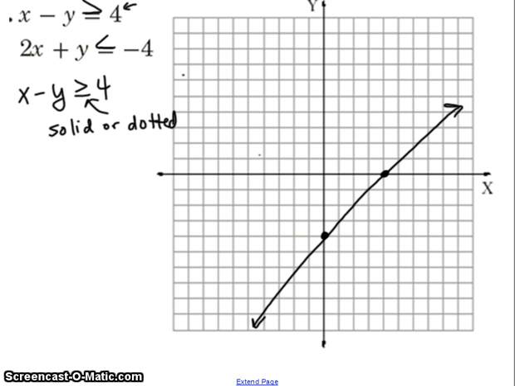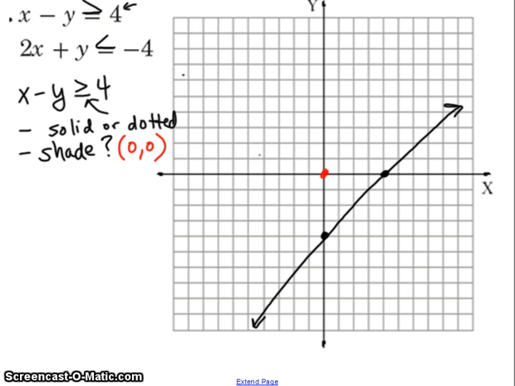Now where am I going to shade? That's what I have to determine. Remember I said that if you could use 0, 0, use it. I'm going to choose any point not on the line.